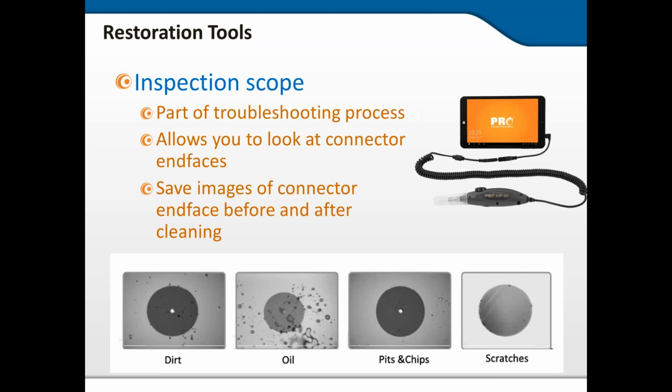A 400 power scope will give us this type of clarity. There are 100 power scopes and 200 power scopes, but I recommend a 400 to be able to zoom in to this level and see these particles. There was a time when this amount of dirt, at 10 meg, didn't have any effect.